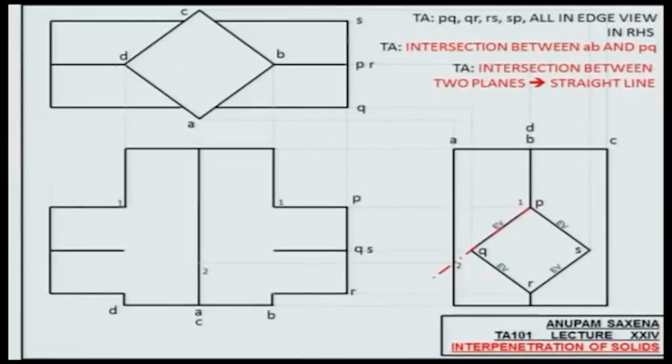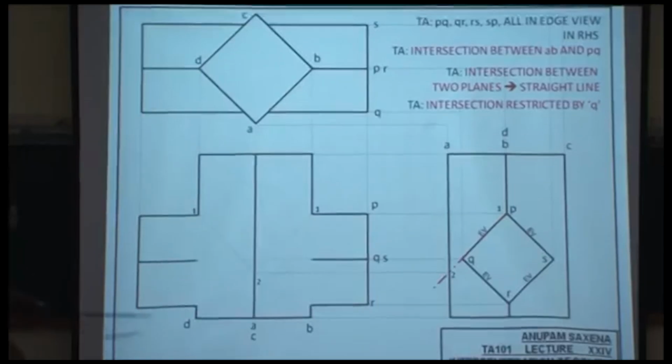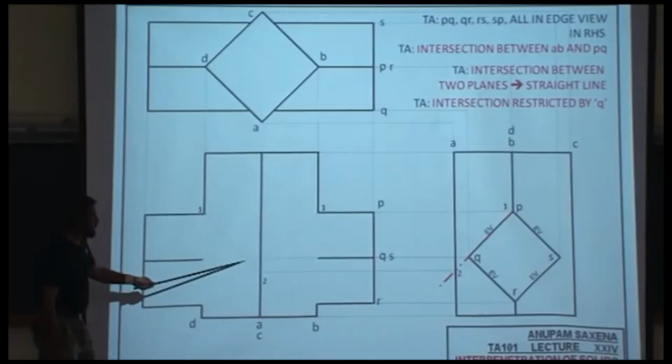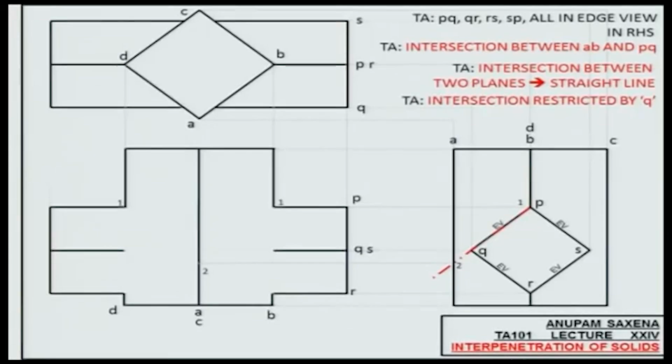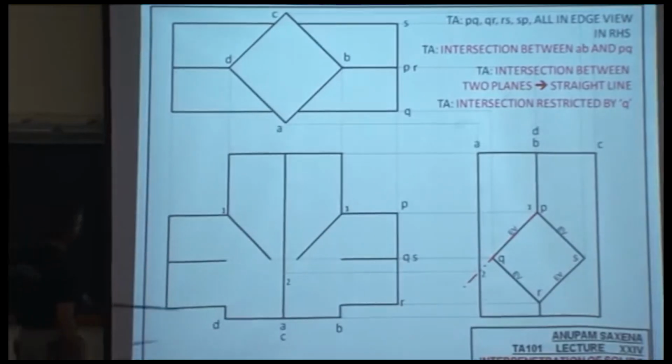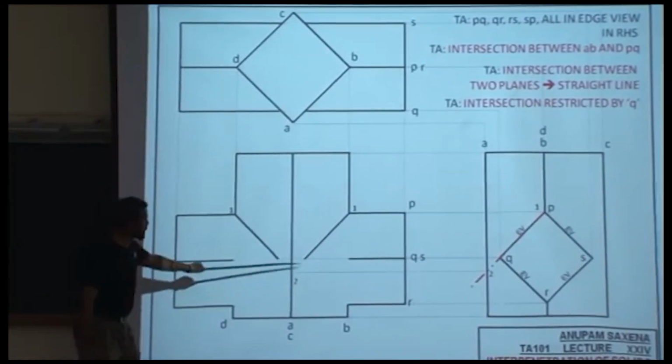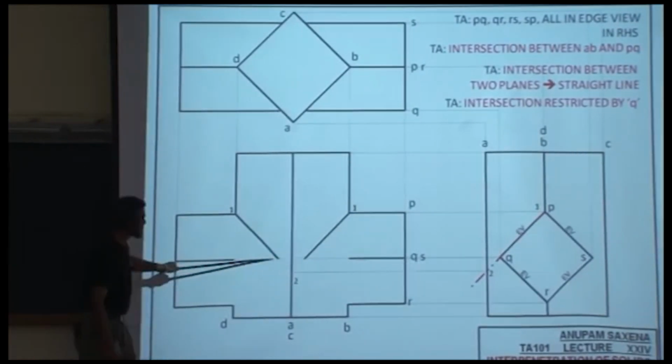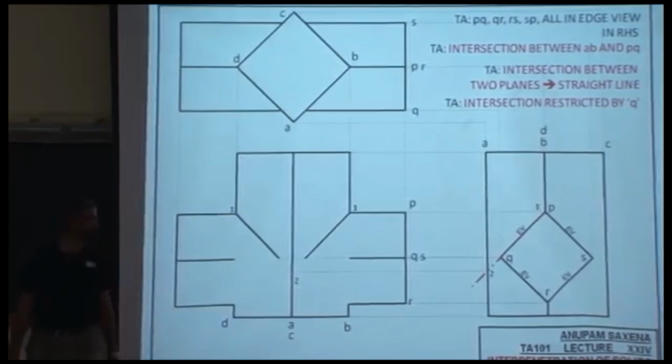Right? So if I extend this edge QS, these are the 2 points where my actual intersection is happening. All right? This is like a pseudo intersection point. This is not the real intersection point. This is where the actual intersections are happening, these 2 points.